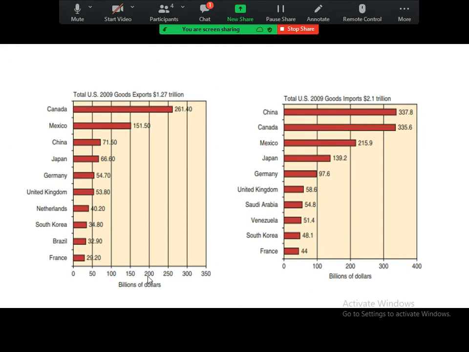Now this next figure illustrates the economic integration of North America. Canada is the number one trading partner of the United States, Mexico is second, and China ranks third. American companies have more invested in Canada than in any other country.